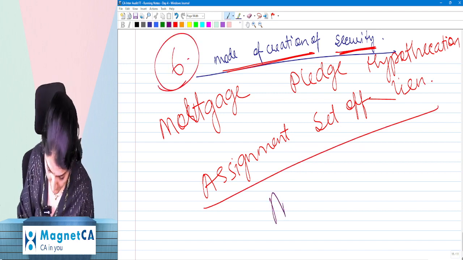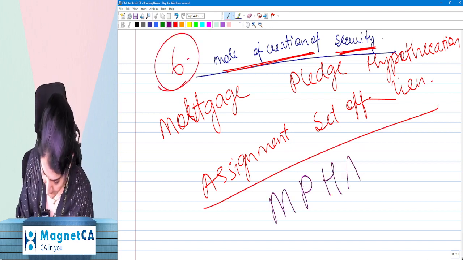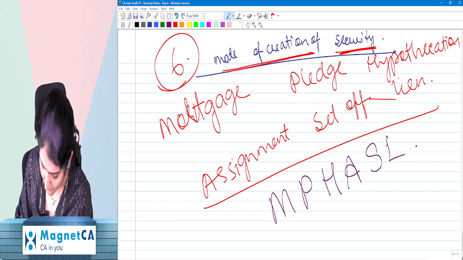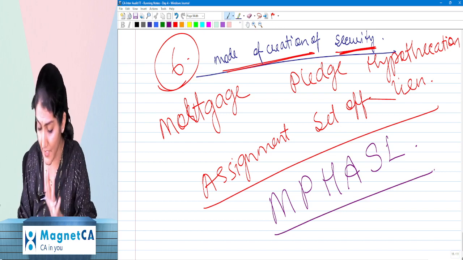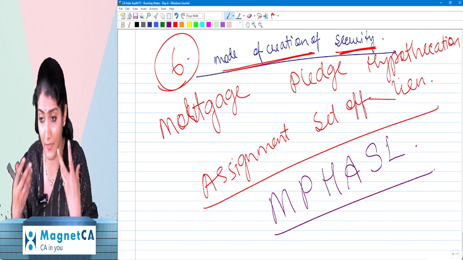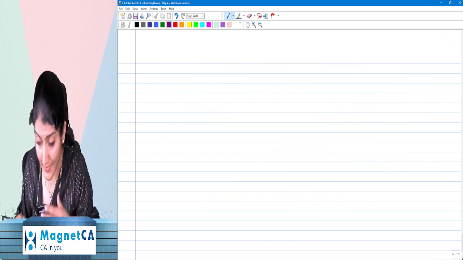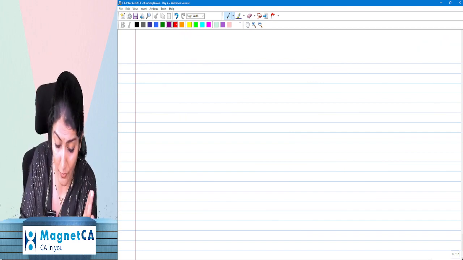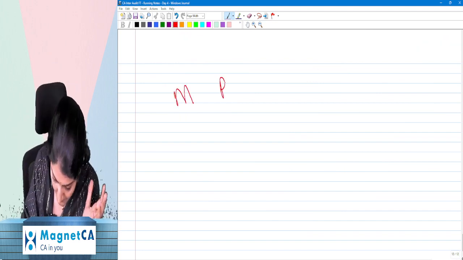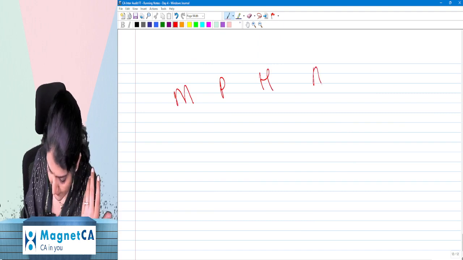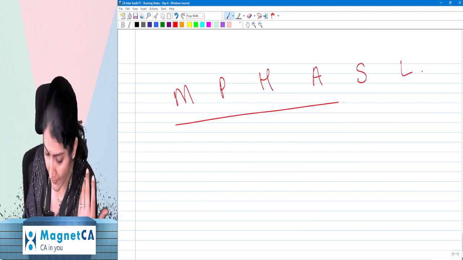So mortgage, pledge, hypothecation, assignment, set off and the lien, by which the security can be given in the name of the bank.